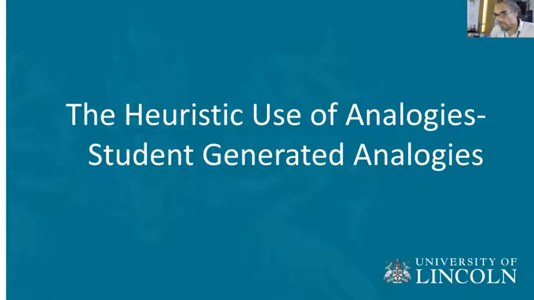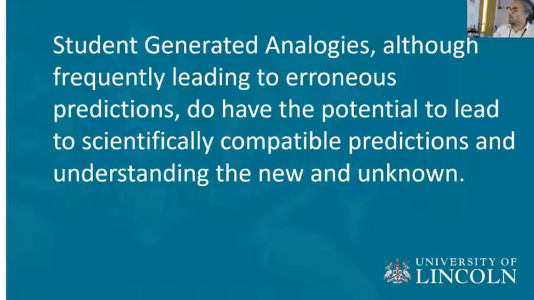Another interesting finding from our research is the heuristic use of analogies in some of the prediction making and students' reasoning. What we found, and the example I gave you exemplifies that, is that student-generated analogies frequently led them to erroneous predictions, predictions incompatible with the correct, scientifically accepted one.